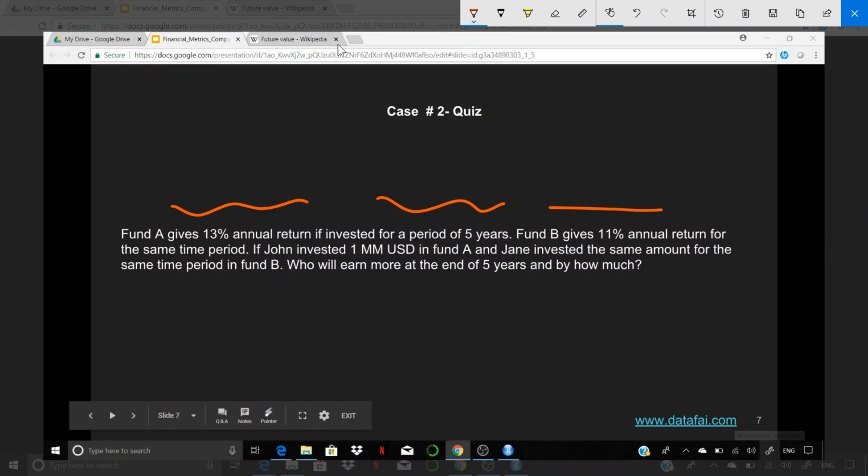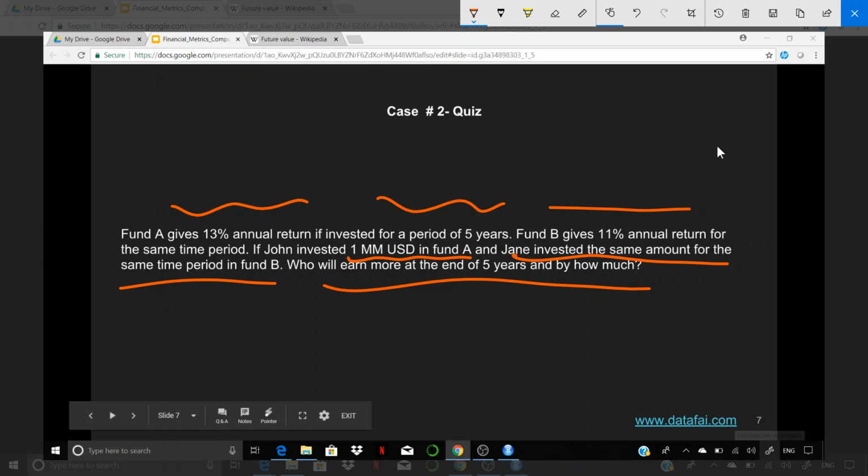Fund B is going to give you 11% annual return for the same time period, again 5 years. If John invested $1 million in Fund A and Jane invested the same amount for the same time period in Fund B, who will have the higher amount of money in terms of future value? So that's the quiz for you.